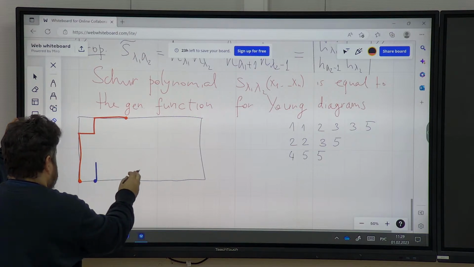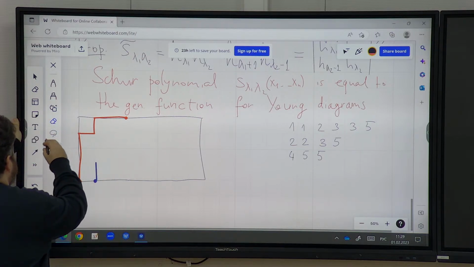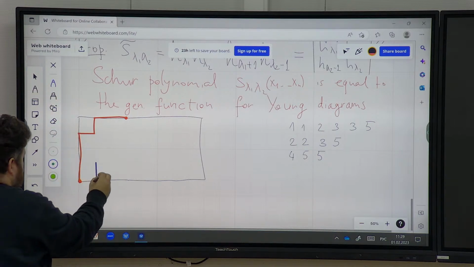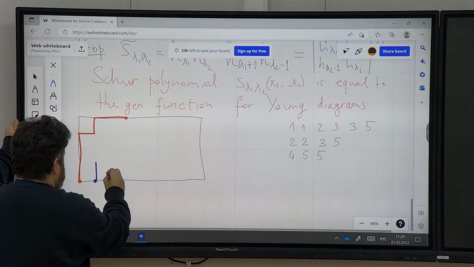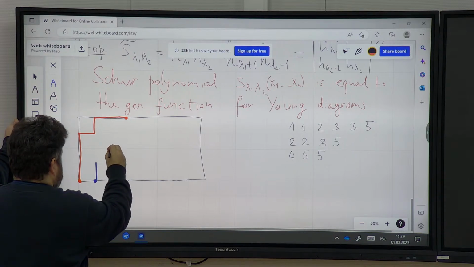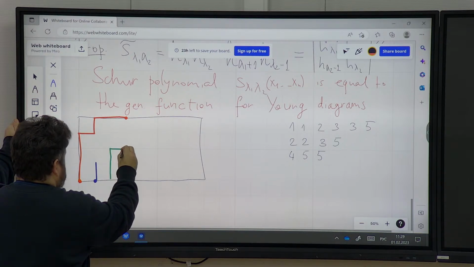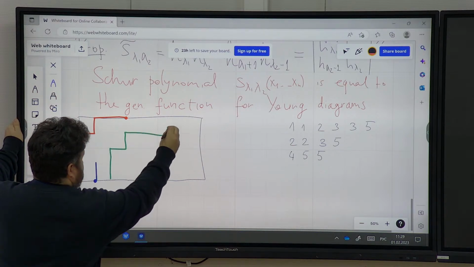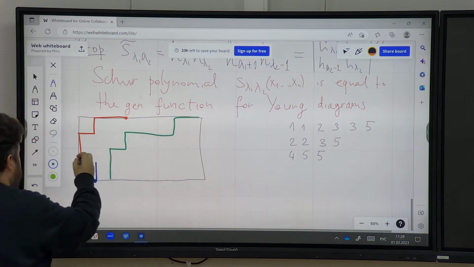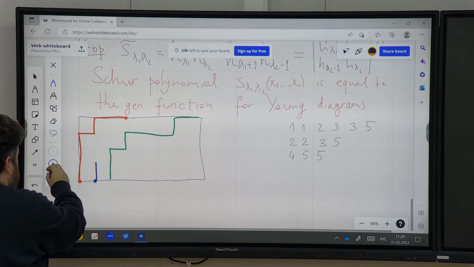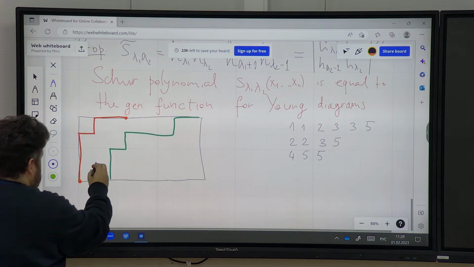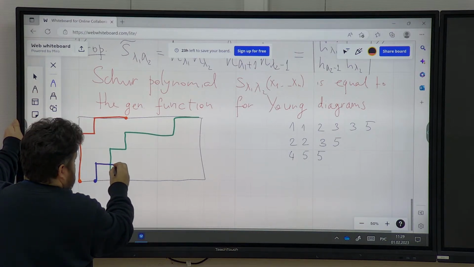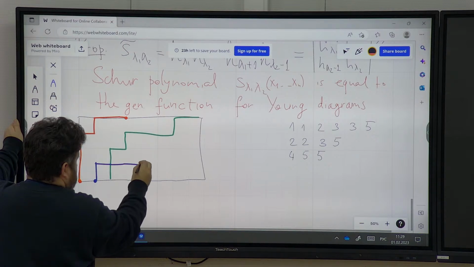So maybe I'll just change these paths slightly, and so let me maybe put this path this, and the blue one goes like, I don't know, like that.